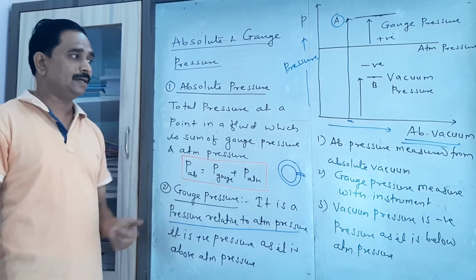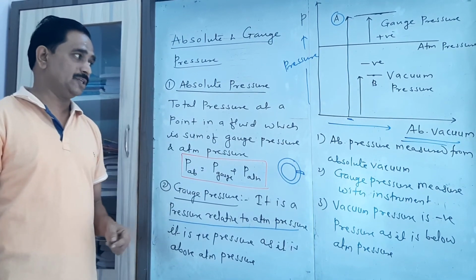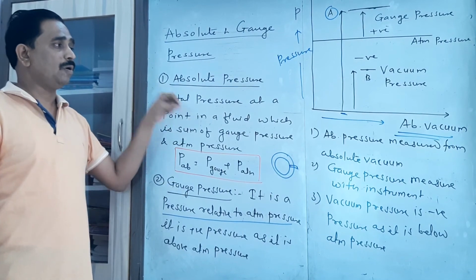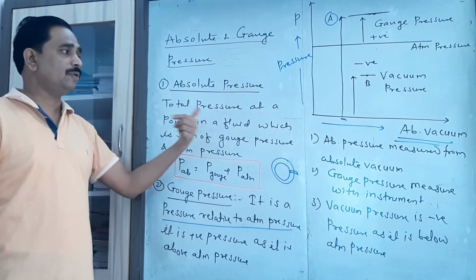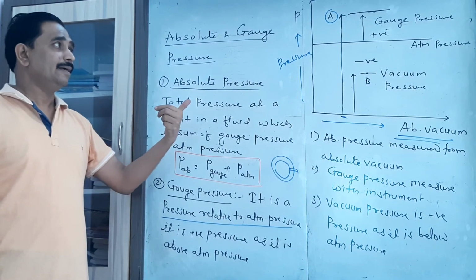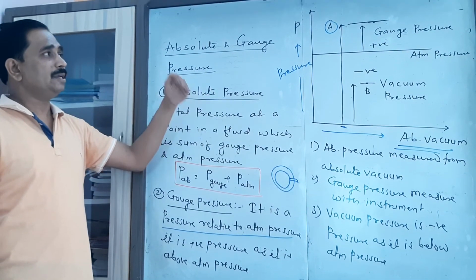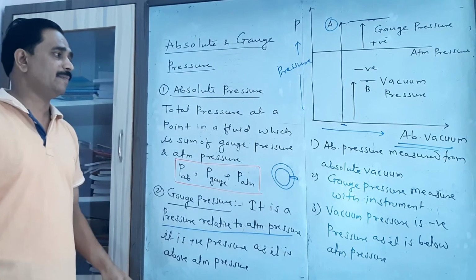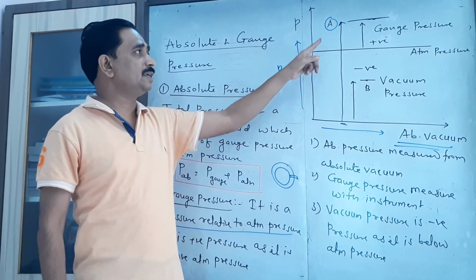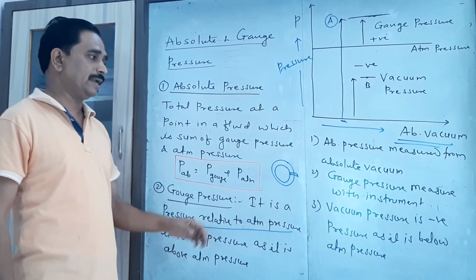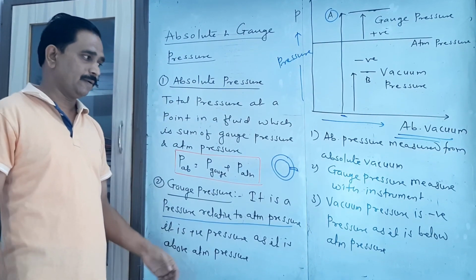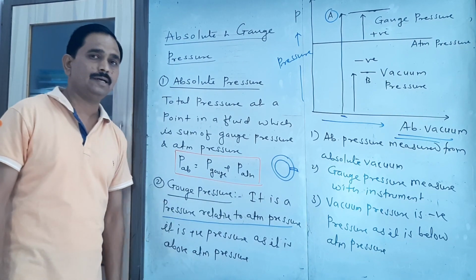The absolute pressure is always measured from the absolute vacuum. Gauge pressure is always greater than the atmospheric pressure. That's why it is always positive, and it can be measured with the help of an instrument. And vacuum pressure is less than the atmospheric pressure. That's why it is taken as negative.